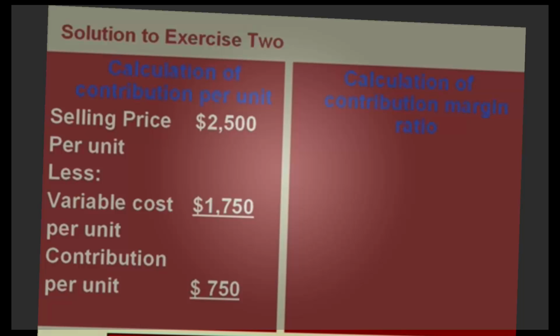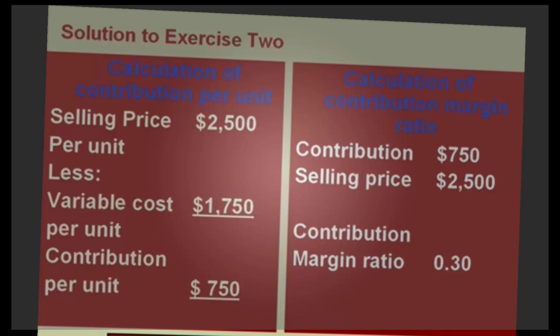Doesn't matter, you get the same answer. So what's the contribution margin ratio in this problem? The contribution is $750. You can see it on your left. The selling price is $2,500. So contribution over selling price is 0.3. It tells you that contribution is around 30% of your sales.